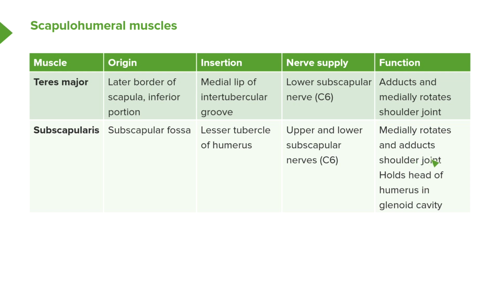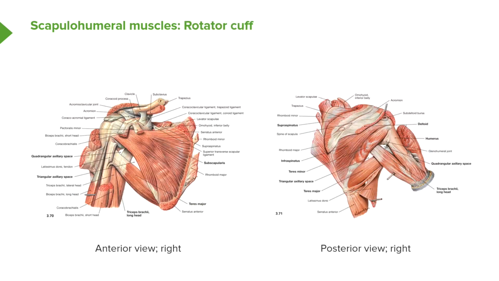So with adduction and medial rotation, it works with teres major, but it also helps to hold the head of the humerus in the glenoid cavity. And this feature, holding the head of the humerus in the glenoid cavity, means it's part of the rotator cuff.